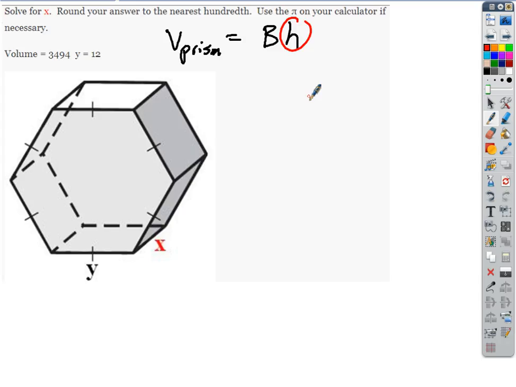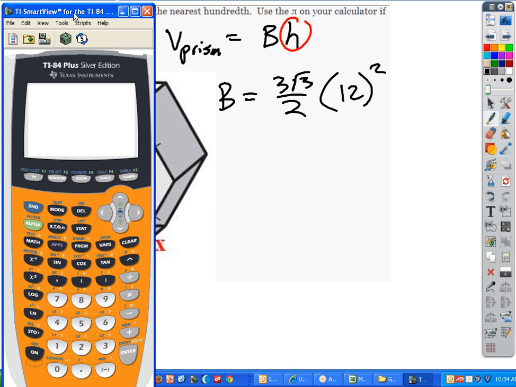We can calculate B. 3 times square root of 3, divide by 2, times 12 squared. There's the number for the base area, right? So the volume is equal to 3494. So I can just divide 3494 by that, right? Base area, and we got it.